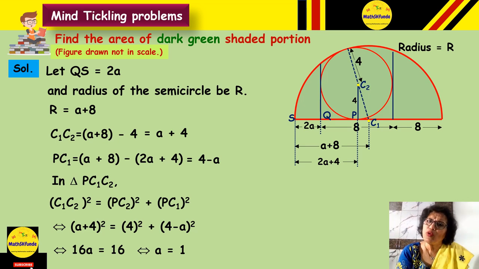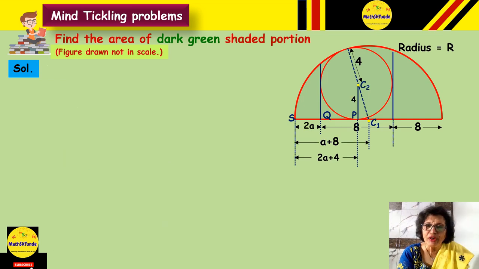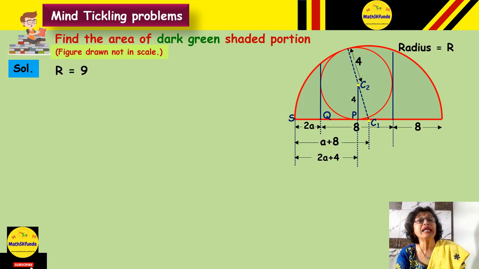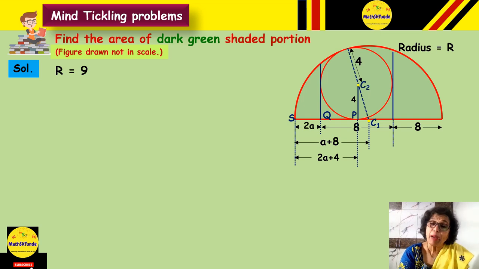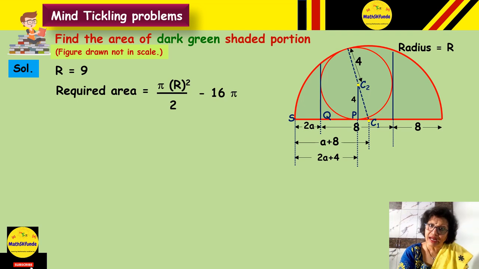Actually, now you have almost reached the destination. Once a is known, most of the things get simplified. Now I will say R is 9. Why? Because capital R, the radius of the semicircle, was a plus 8, so capital R has now become 9. Now I will write the required area.